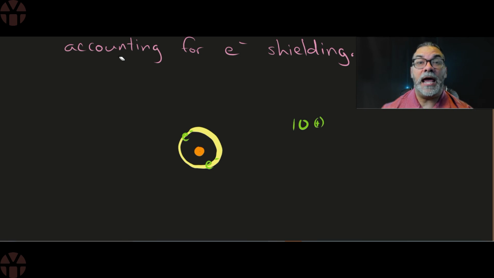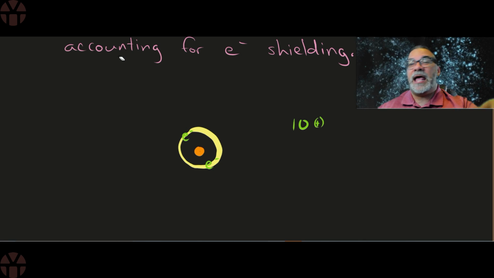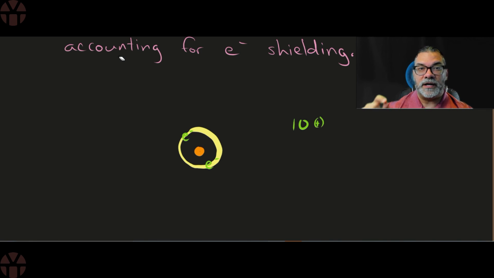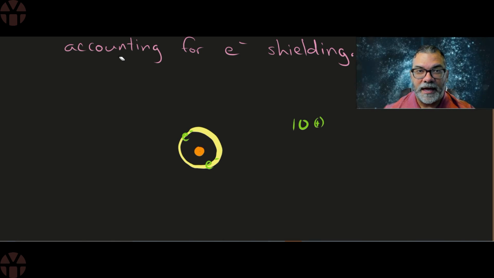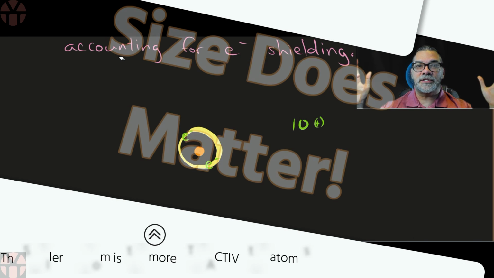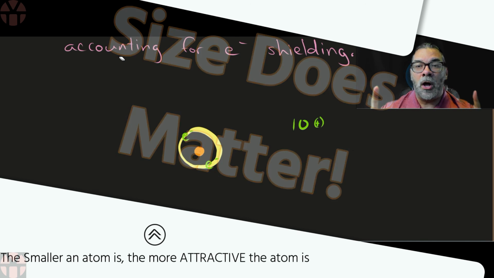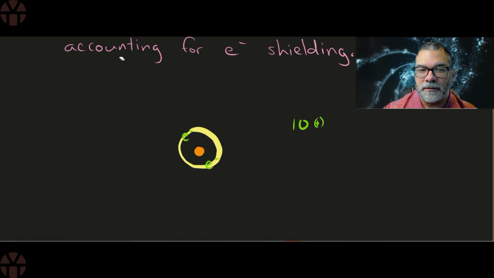At the end of the day, the reason why you exist, the reason why you're here right now listening to me, the reason why all matter in our universe is what it is, is a simple, easy concept. You ready? At the end of the day, size does matter! And the smaller you are, the more attractive you are.